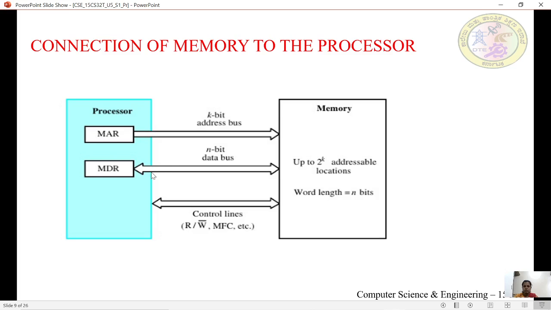Data bus is nothing but the data line. Finally, the processor loads the data in the data lines into the MDR. Now the data is present in the data bus, and from the data bus it will load into the MDR. So now the memory read operation is completed.